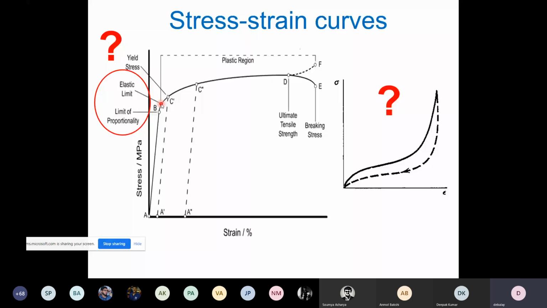But for engineering application, you need something to be detectable, small but detectable. So at yield stress, a small but detectable amount of plastic deformation occurs. Sometimes we see the yield point by a typical nature of the curve, which occurs in mild steel, known as the yield point phenomenon. From that, we know what the yield point is.